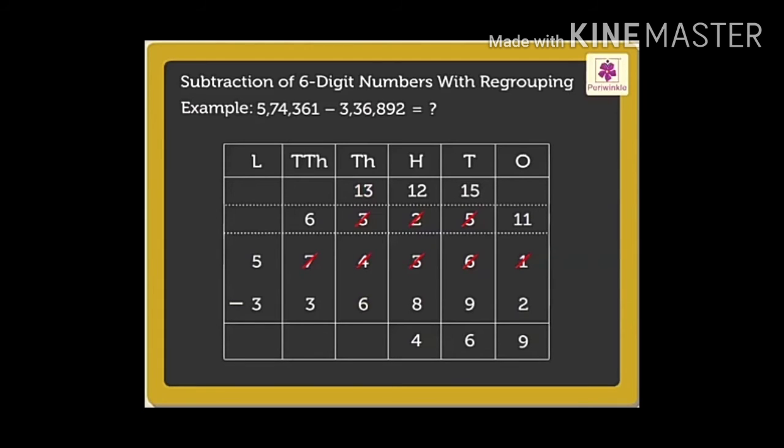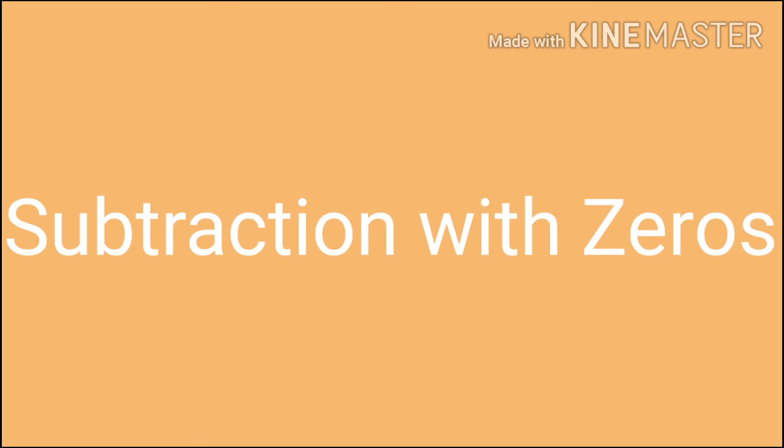What is the answer? Yes, 7. Next 6 minus 3. You get 3 itself because 6 minus 3 can be subtracted. So 5 minus 3, finally 2. So finally you get the answer.